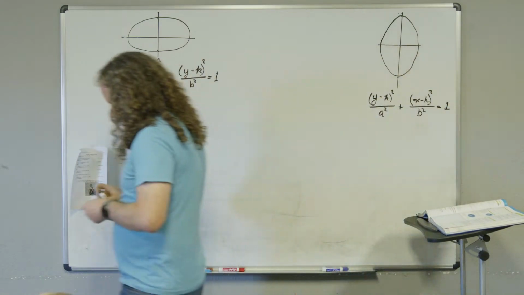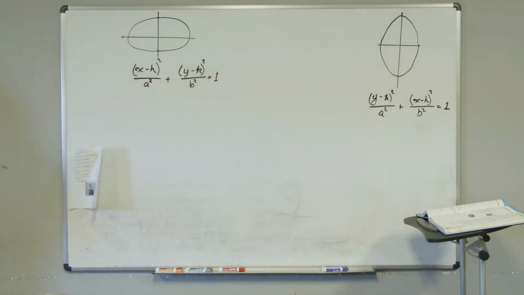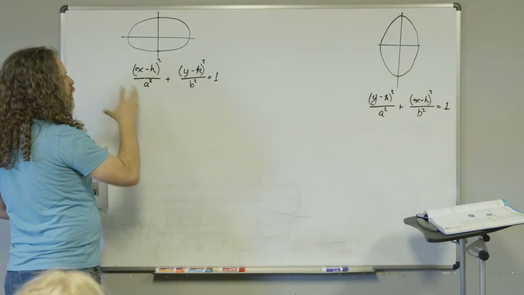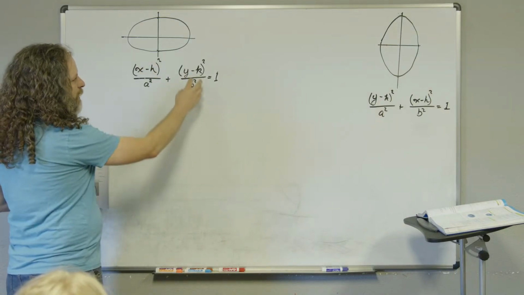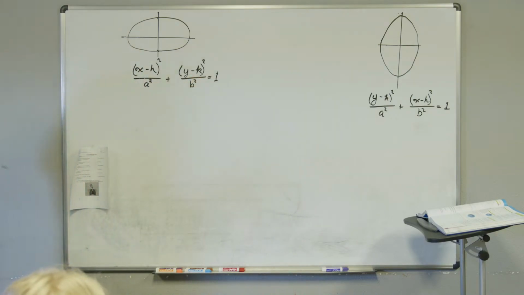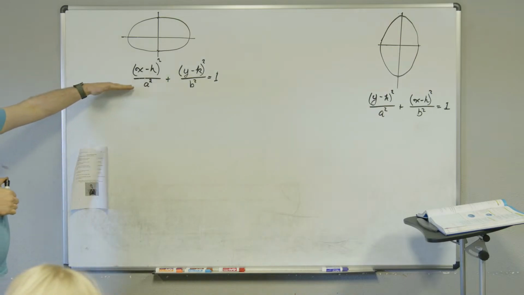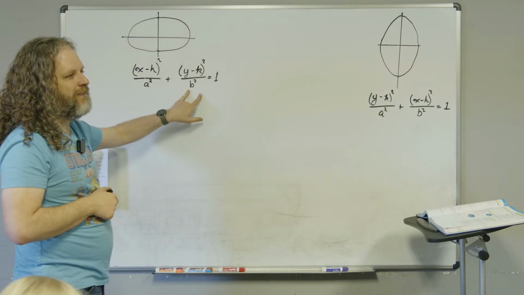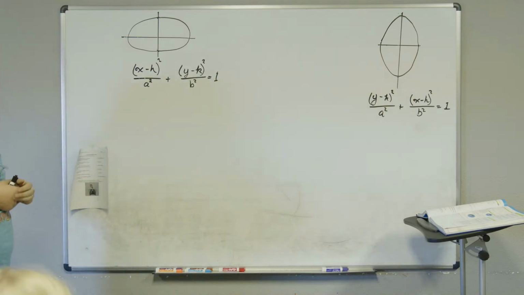Now, really, the way to memorize this is, whatever the number underneath x goes with the x direction. The number underneath y goes with the y direction. Okay? In this instance, a is going to be the bigger number than b. It stretches out more that way.